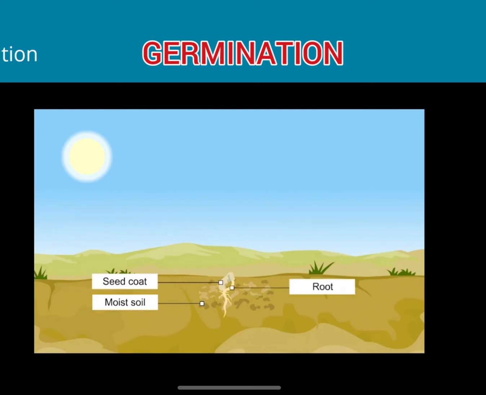The root comes out first and grows into the soil. This fixes the baby plant to the soil and helps the root absorb water and nutrients from the soil. Then the shoot comes out of the seed and starts to grow towards the sun.